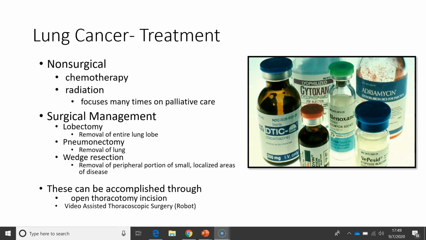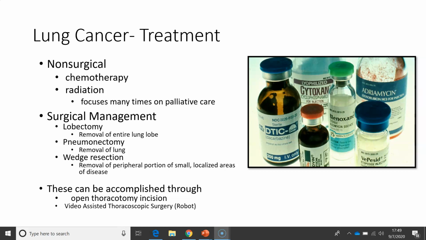Lung cancer treatment, non-surgical, could be chemotherapy and radiation. Radiation many times is the focus of palliative care. Sometimes they can shrink the tumor in order to have the patient be able to breathe easier or to decrease pressure in the chest.